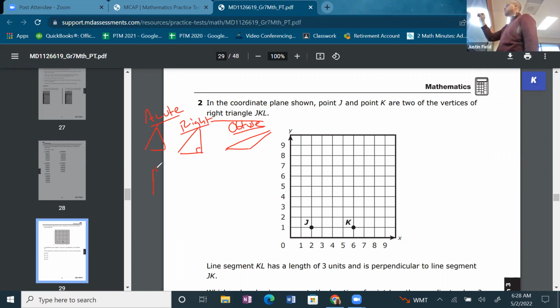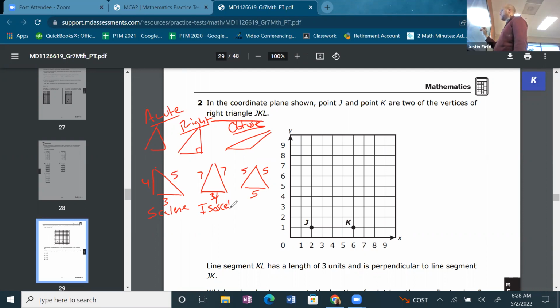You could also see triangles classified by their side lengths. So this would be like 7, 7, 3 maybe, or 4. And then maybe this one is 5, 5, 5. So the one with 3 unequal sides is called scalene.